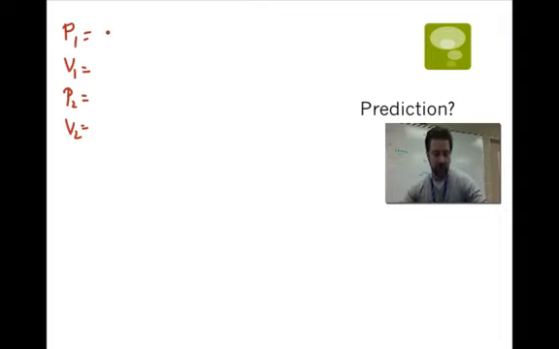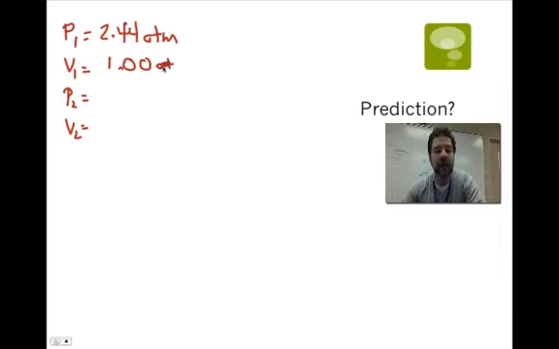So our P1 from the previous slide was 2.44 ATM. Our V1 was 1.00, sorry, not ATM, it would be liters because it's a volume. P2 was unknown. We said that we didn't know that one. We'd have to figure it out.